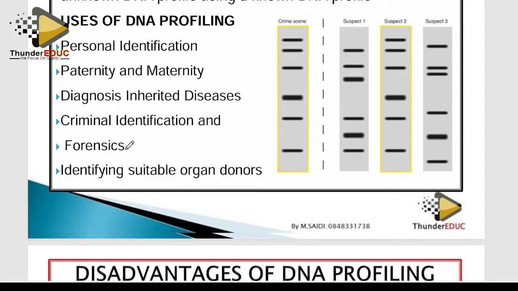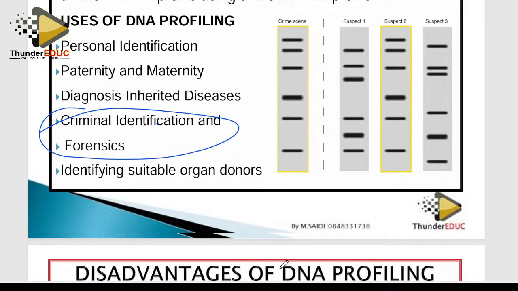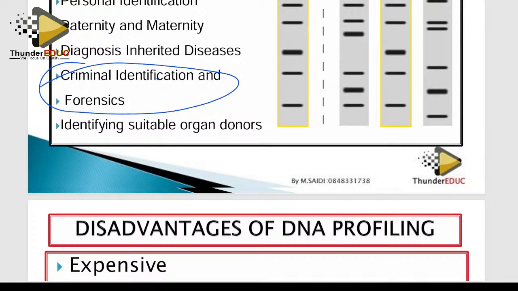We can use it to identify criminals, you understand. So this one is 1 point. If you say criminal identification, or diagnosis of inherited disorder, yes. So you give those answers. Then we go to the next question.